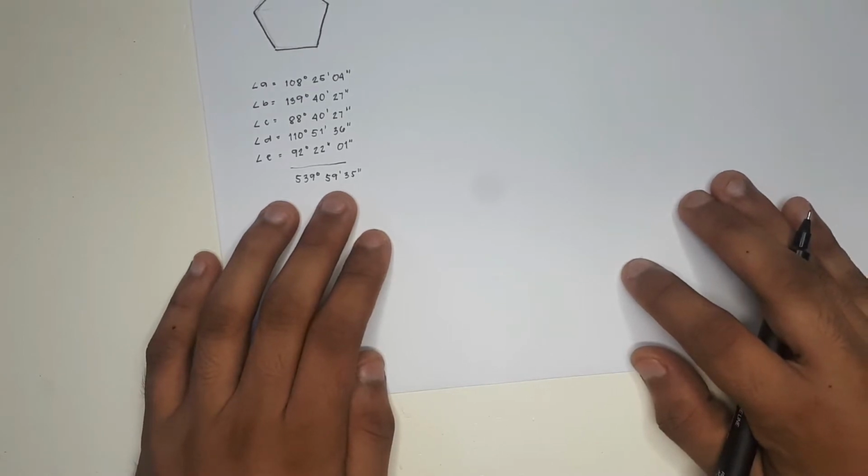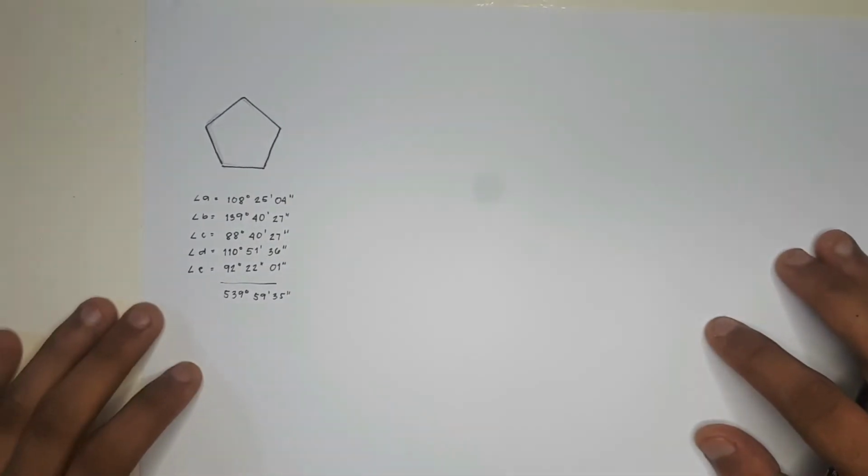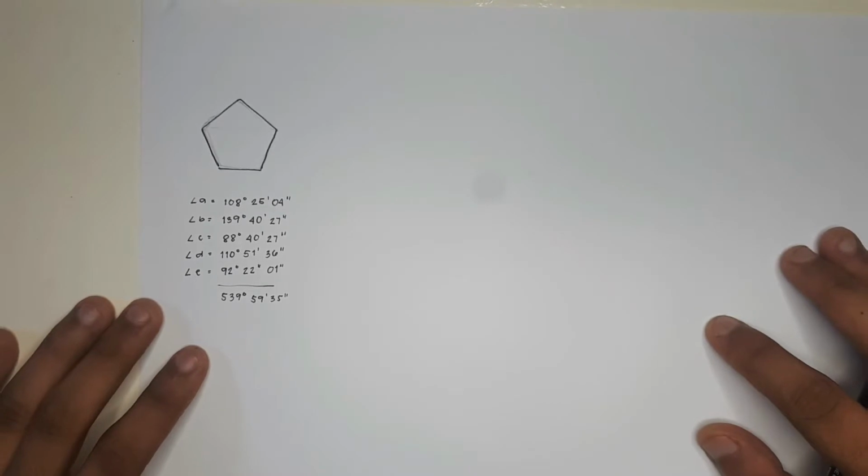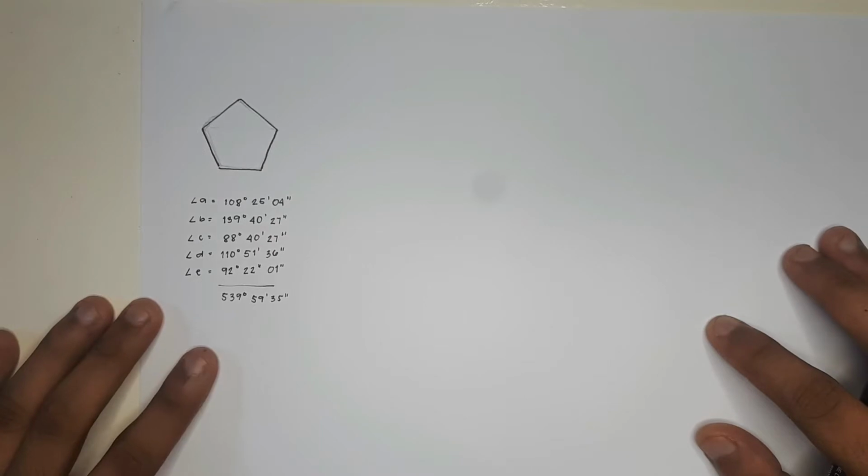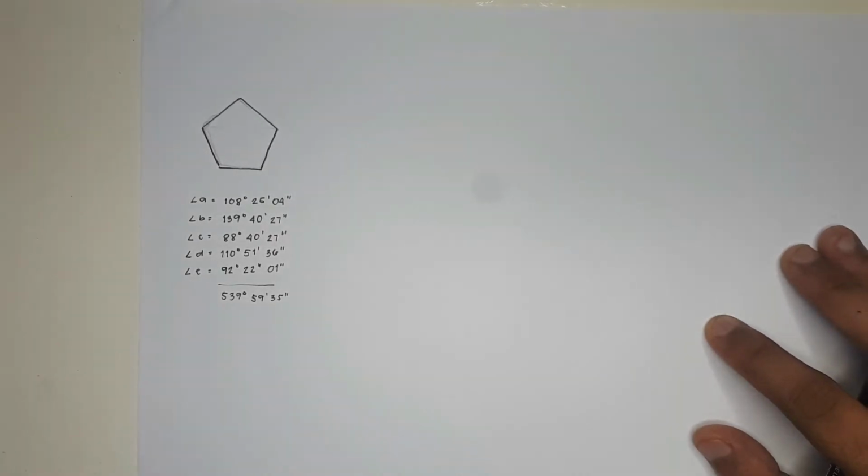Next, we need to verify if the angles are balanced. In order to do that, we need to find the total degrees for our given polygon using our first equation.